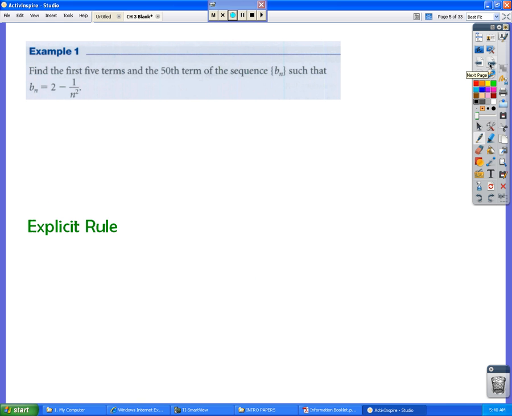So you have a bunch of formulas that are given to you. What we have here is considered an explicit formula. How do I know it's explicit? Because if I know the n value, so if I say n equals 5, then I can find the b of 5. The problem asks you to find the first 5 terms. We're not going to go through all of them, but obviously b of 1 would be equal to 2 minus 1 over 1 squared.